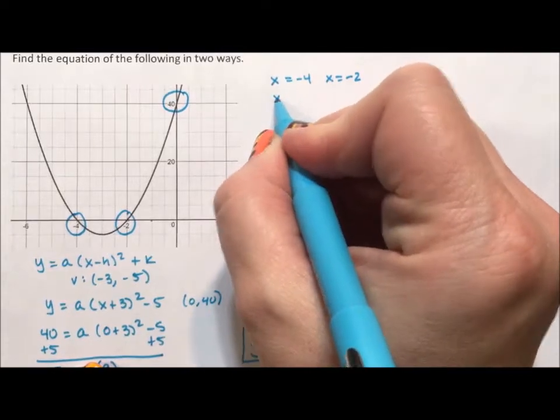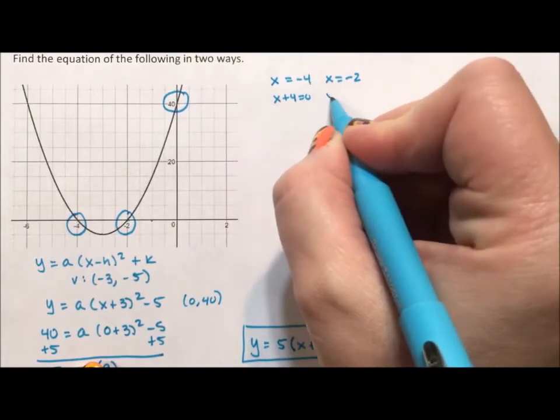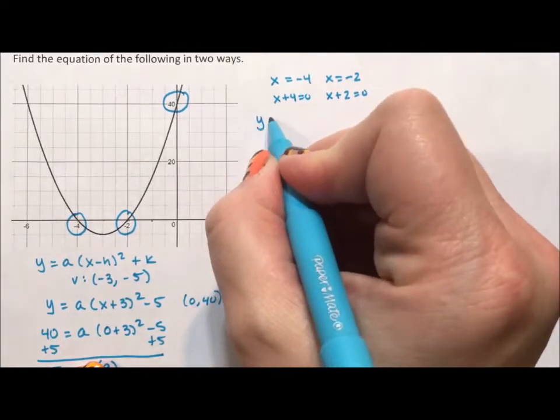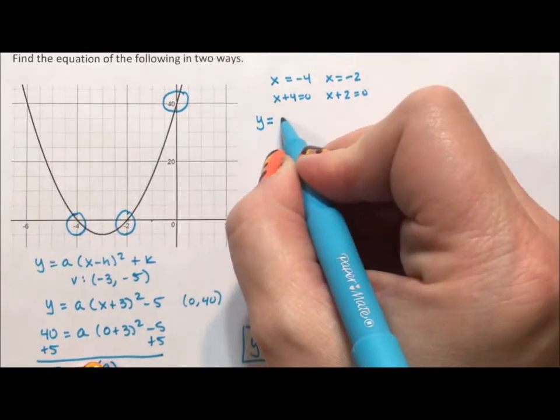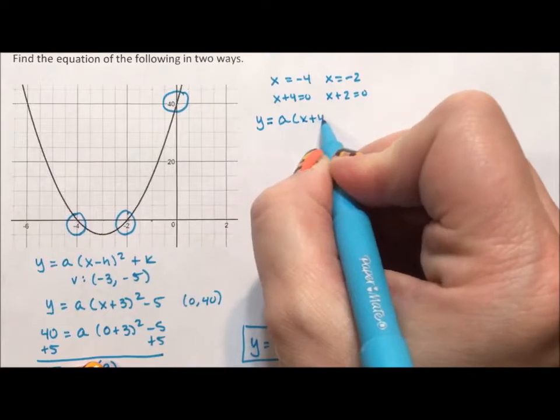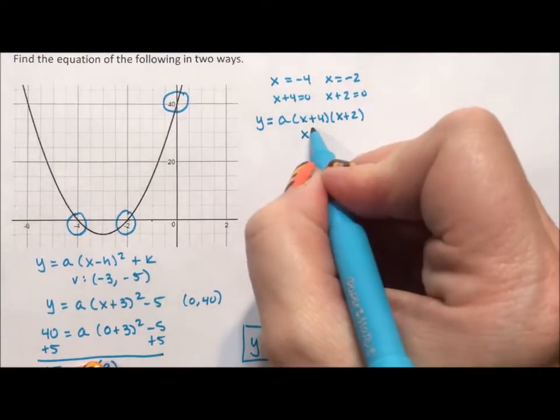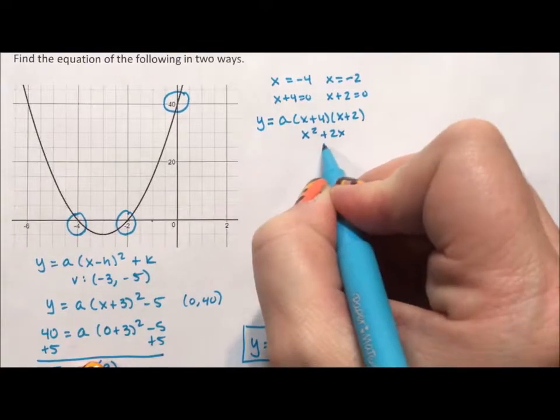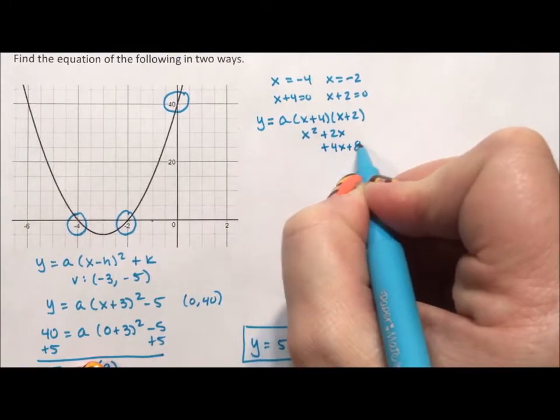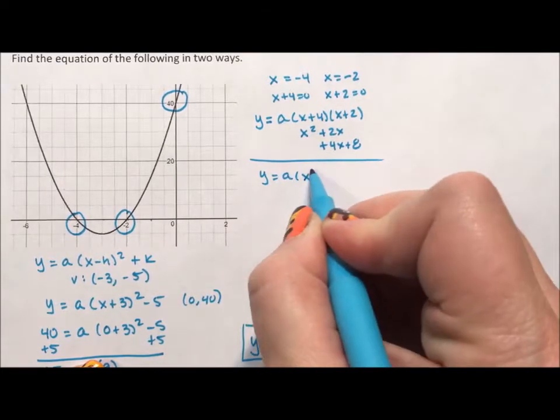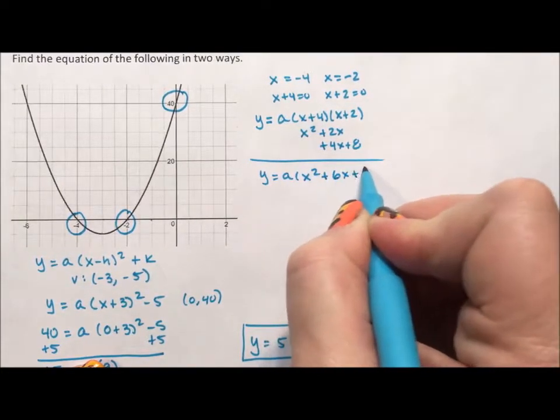If I add those over, I have x plus 4 equals 0 or x plus 2 equals 0, which means my generic equation is y equals a times x plus 4 times x plus 2. I'm going to multiply this out: x squared plus 2x, 4x plus 8, and I get that y equals a times x squared plus 6x plus 8.